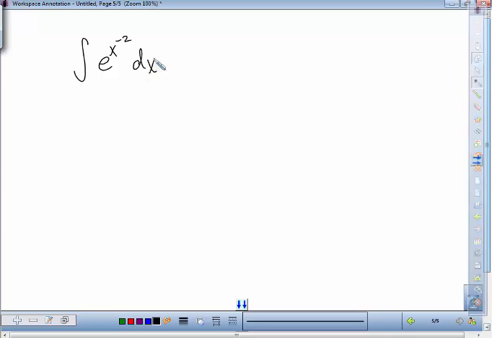Remember the ERF function that I talked about? This integral doesn't have a nice closed form that we can use. So eventually they defined this ERF function.